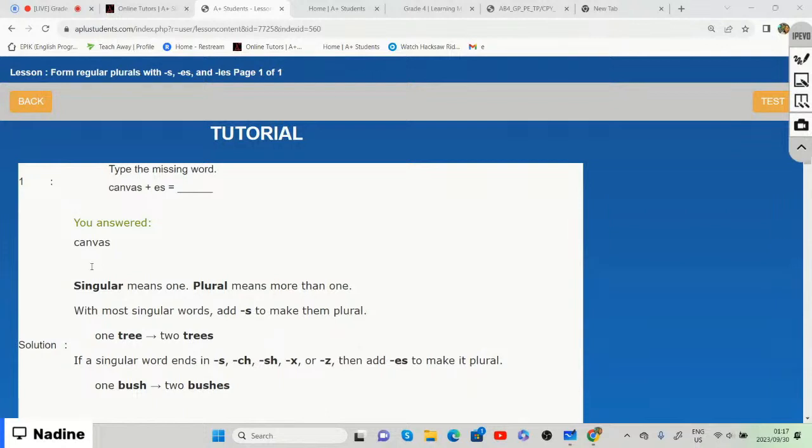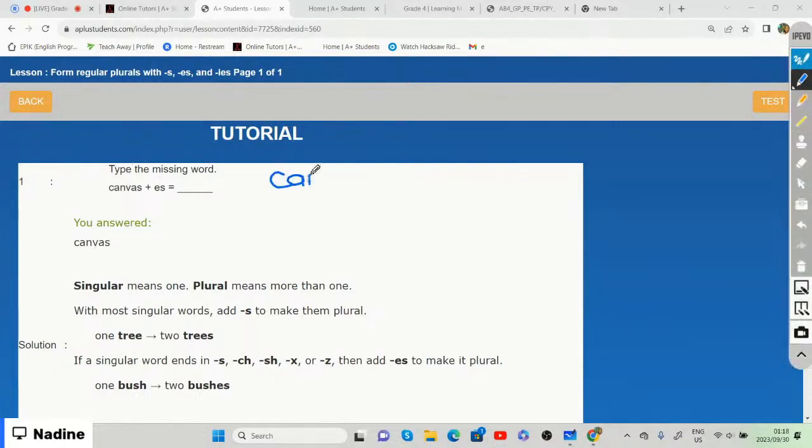So canvas plus es, we can say it is canvases. And there we added the es to show that it is plural.